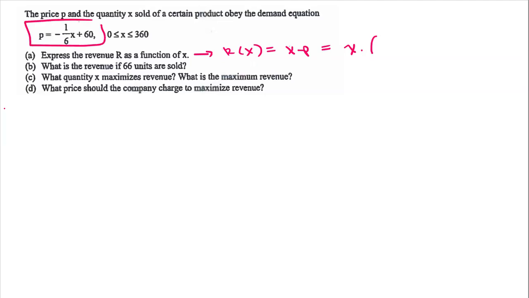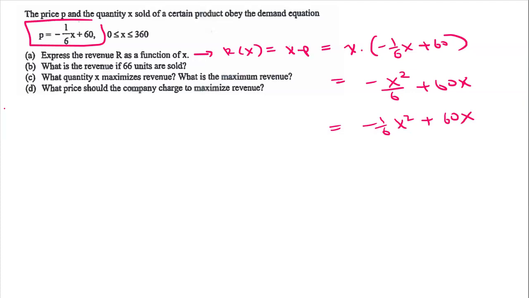So we just multiply those together, negative 16X plus 60. Or I'm going to rewrite that as negative 16X squared plus 60X.